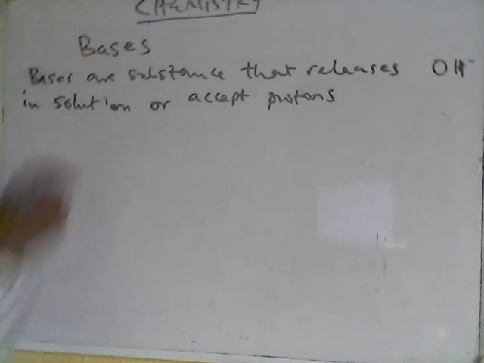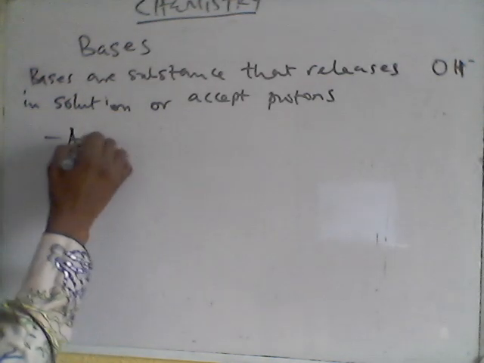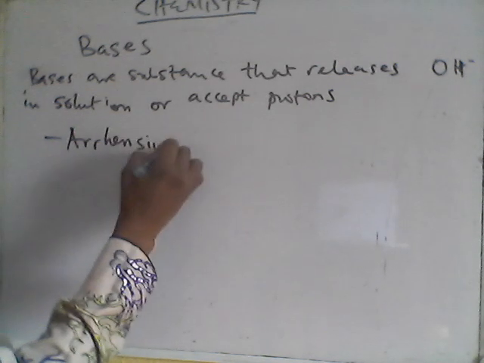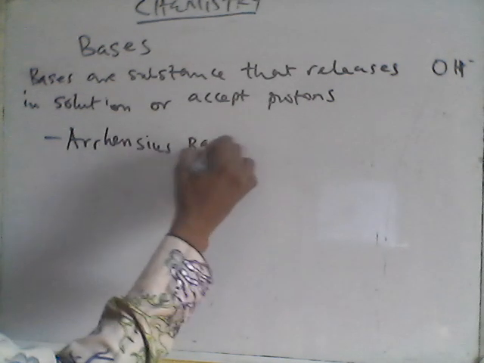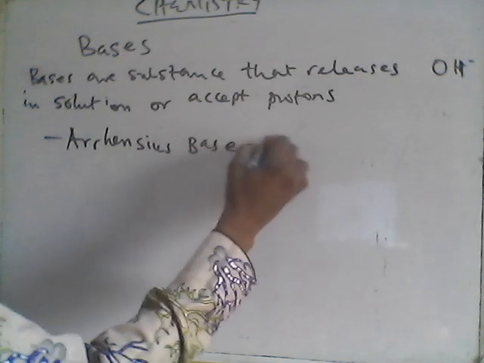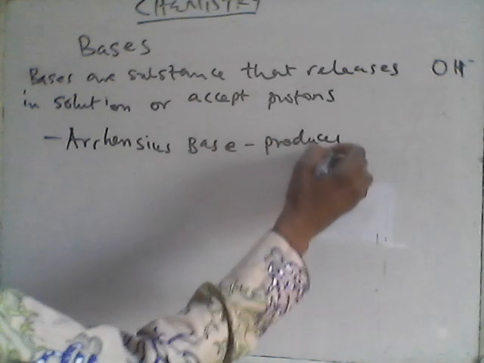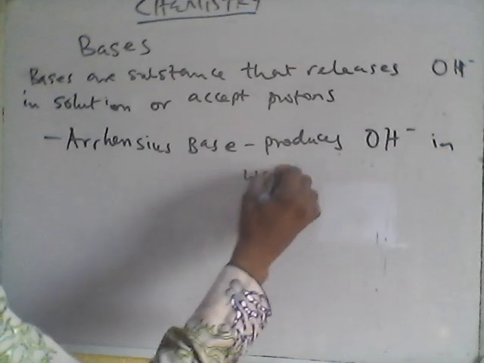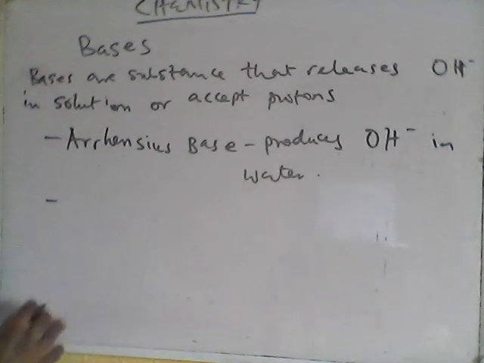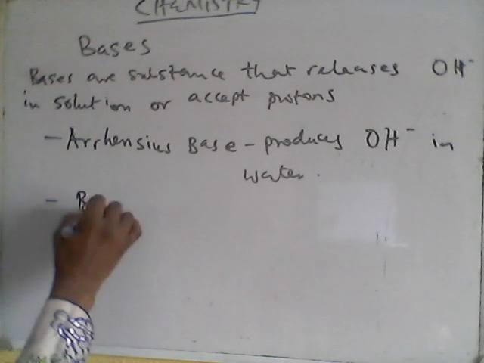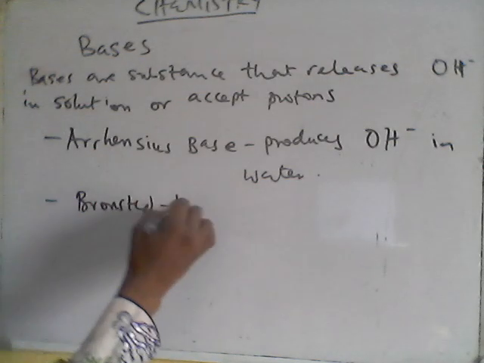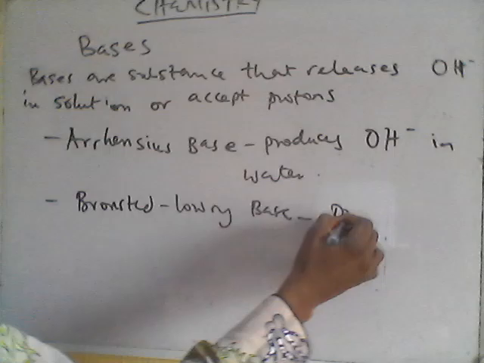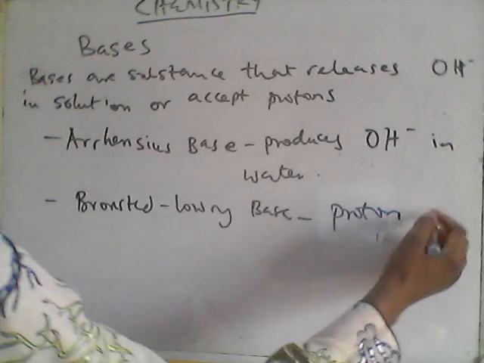Okay, so you have two models of defining a base. I can say the Arrhenius base produces hydroxyl ions in water, and I can say the Bronsted-Lowry base is a proton acceptor.